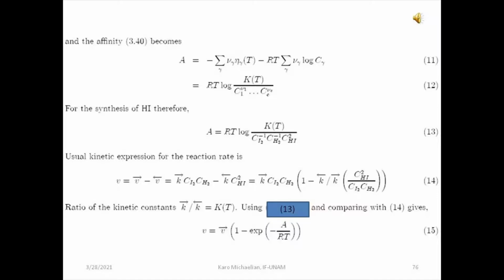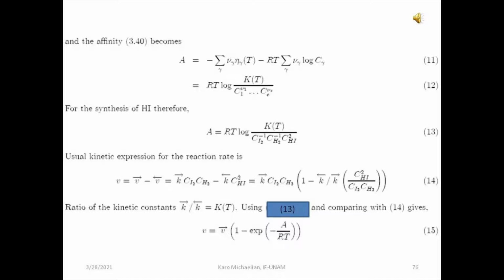It's equation 15. You can check this out yourself doing the algebra, just substituting the equilibrium constant for the rate constant in the backward direction over the rate constant in the forward direction, and then using equation 13.